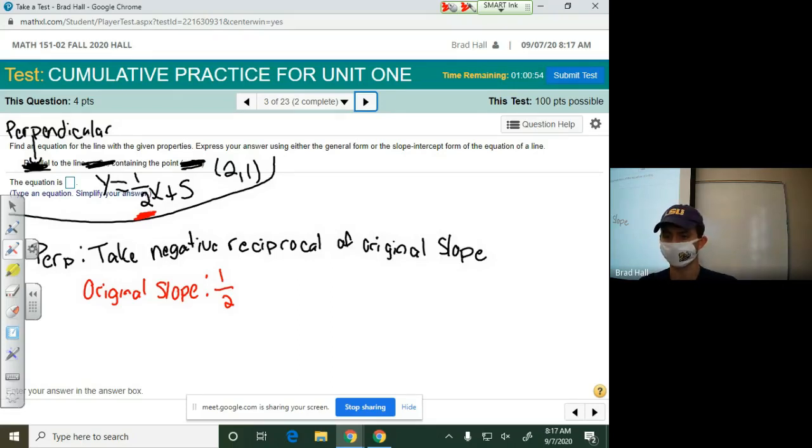And from here, we're taking the negative reciprocal of this. So I'll draw this arrow. We'll go ahead and take the negative reciprocal. Now, what does reciprocal mean? Flip. That's what reciprocal means, flip. So 1/2, you flip it, it just becomes 2/1, which is 2, and then you change the sign in front.